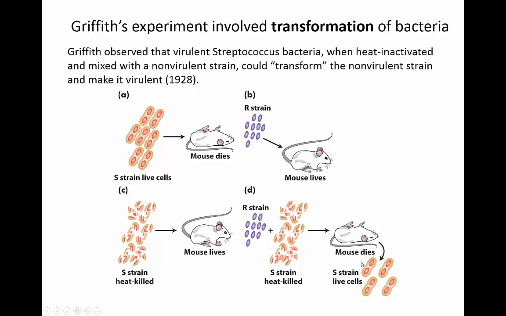What was actually going on here was transformation. That dead cell extract of the virulent strain included pieces of naked DNA, which were then taken up by the non-virulent strain, and those pieces of DNA changed that non-virulent strain to become virulent.